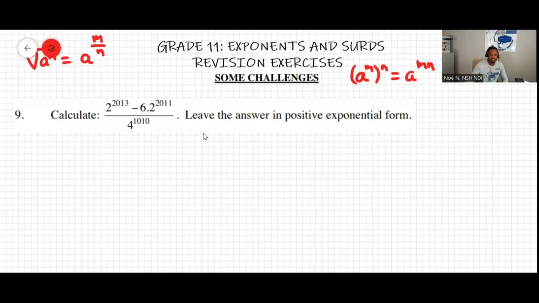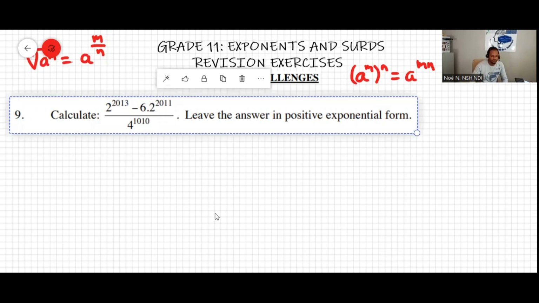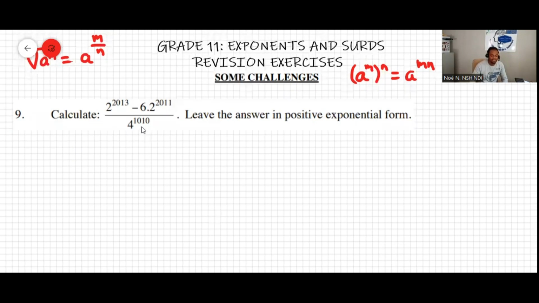Question said calculate this, leave the answer in a positive exponential form. All right. Now look at what is the smallest exponent here. I'm going to rewrite this.